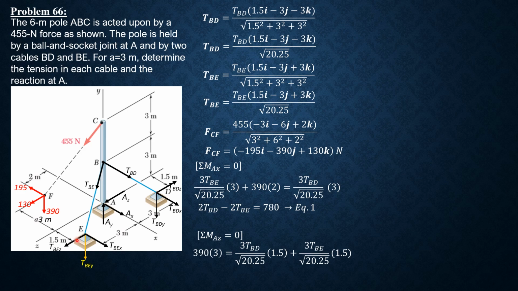Then the moment arm is also 1.5. So simplifying, we have TBD plus TBE equals 1170, equation 2. Solving these two equations simultaneously, we can now solve tension in BD equal to 780 newtons, tension in BE 390 newtons. So those are the tensions in the cables BD and BE.